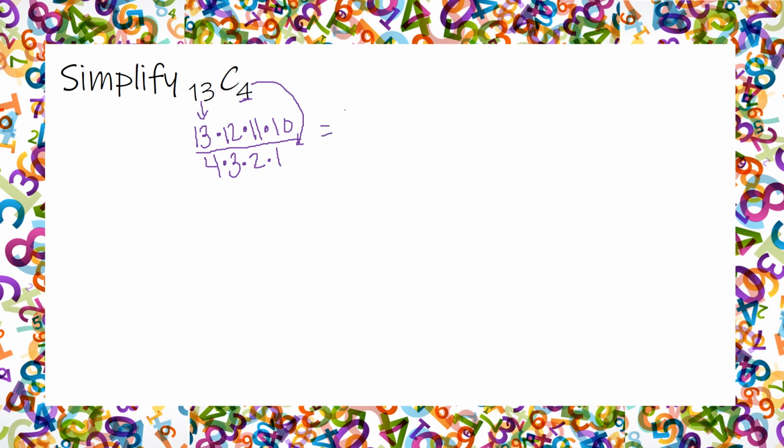And you do get 17,160. And then you've got 4 times 3 times 2 times 1 on the bottom, and that's 24. Then you just need to simplify. 17,160 divided by 24. And that's 715. So when order doesn't matter, you can have 715 different combinations.